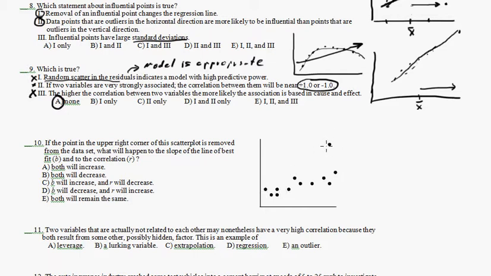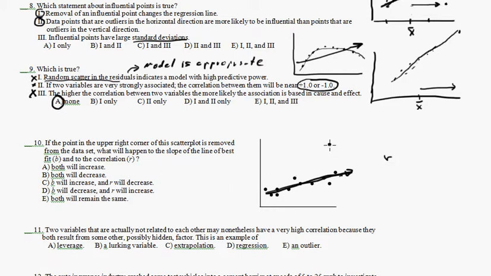So if it wasn't there, just for a moment, we'd probably have a line something like that. So if it wasn't there, there would be a lot of small residuals. So R would be high, and this would be the slope. But the relationship would be very strong.